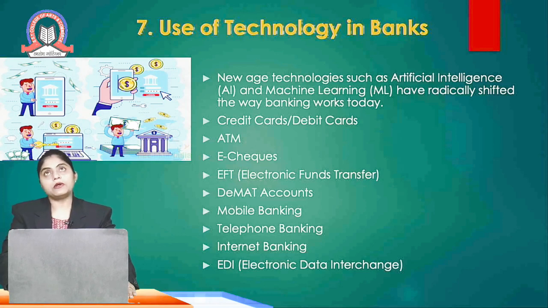In the late 1990s and the beginning of the 21st century, banks introduced many different technologies in terms of plastic cards, that is debit cards and credit cards, ATM services, and real-time transfer of money in the form of RTGS, NEFT. Banks also provide mobile banking, internet banking, and telephone banking services. They started providing the demat account.